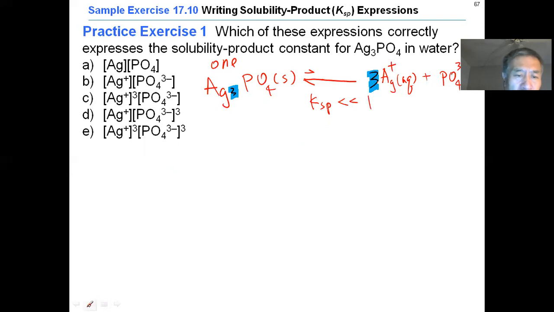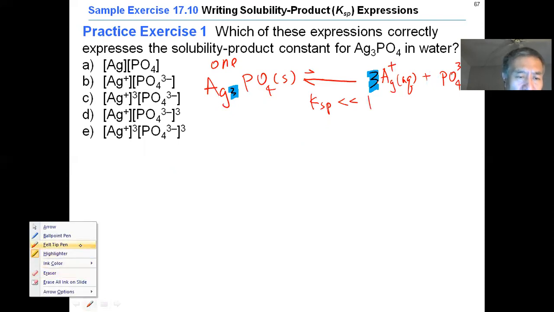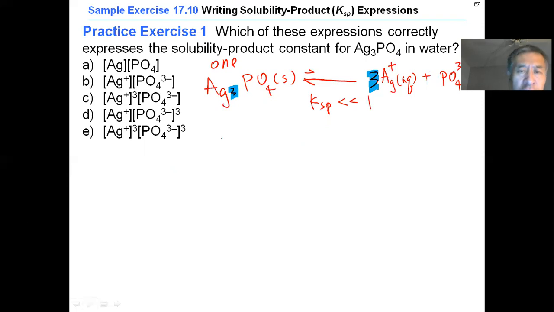Right, so once you have the equation, and you want to write the expression for the KSP, the product goes on the top, with angle brackets, which means molarity. Then use the coefficient as the exponent.